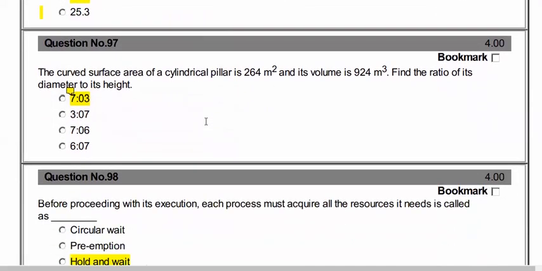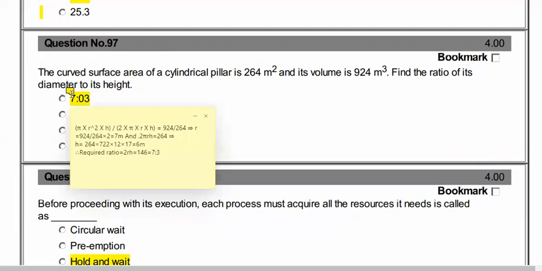The curved surface area of cylindrical pillar is 264 meters square and its volume is 924 meter cube. Find the ratio of its diameter to its height. Option A is right, 7:3. That is, pi r square h by 2 pi r h is equal to 924 by 264.